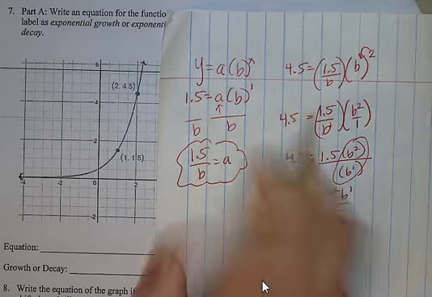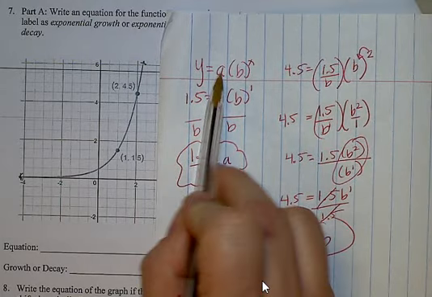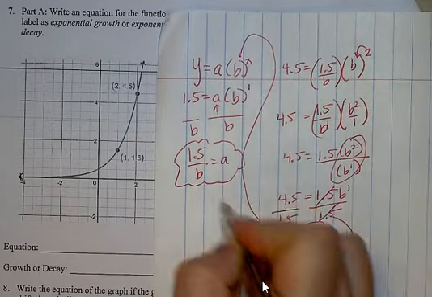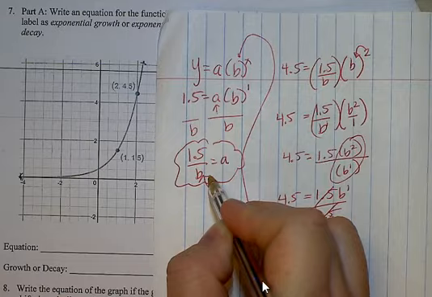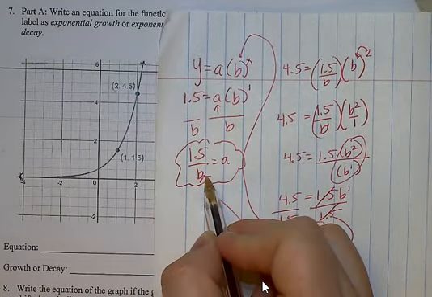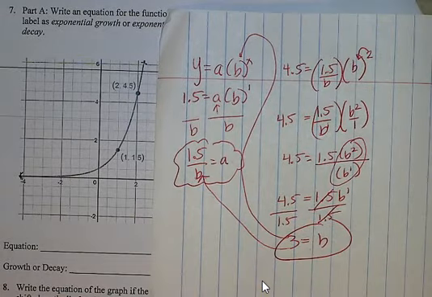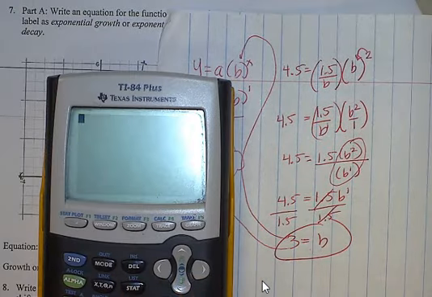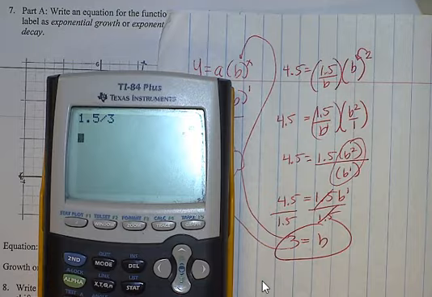In our original equation, you need an a value and a b value. b is equal to 3, and now I can plug in 3 here and take 1.5 divided by 3 to get a. So a is equal to 1/2 or 0.5.